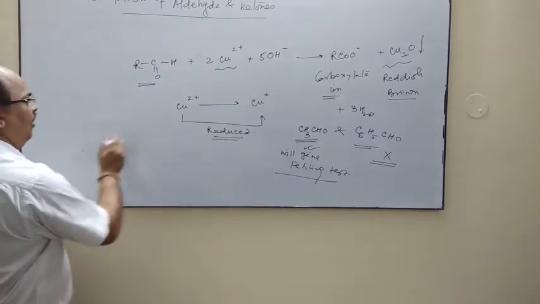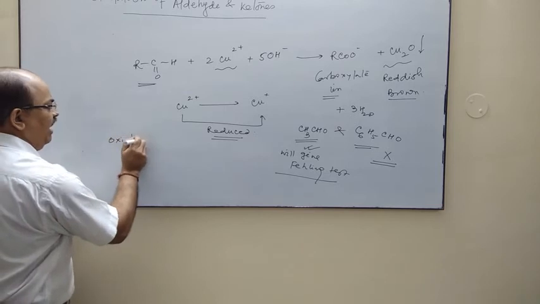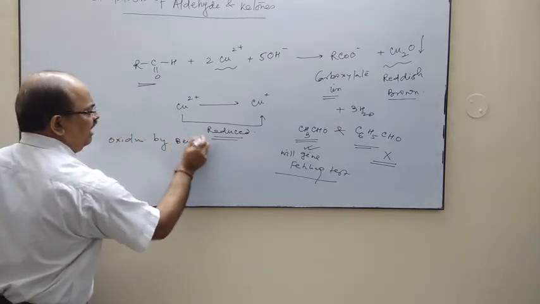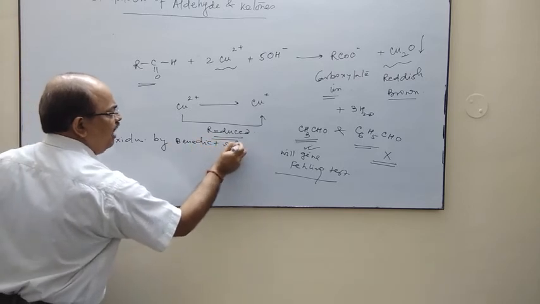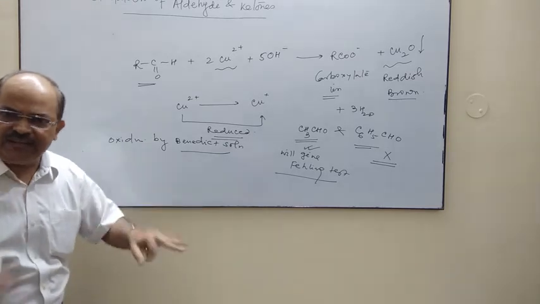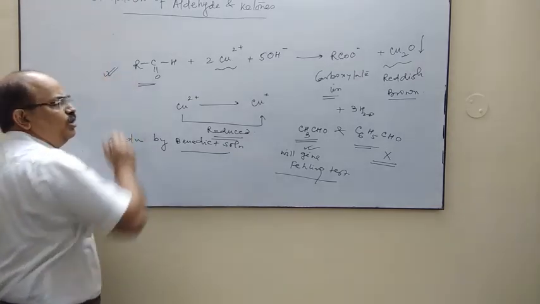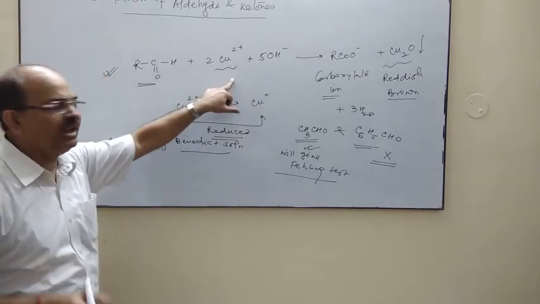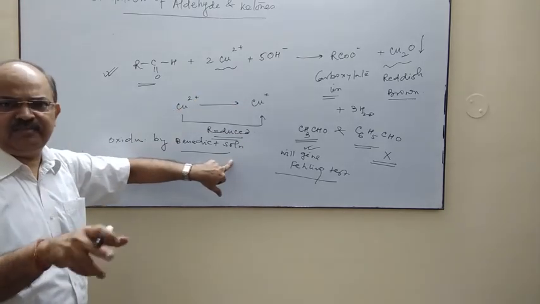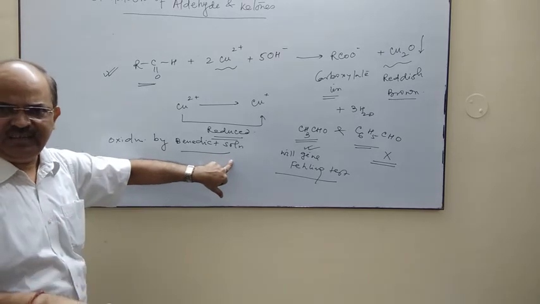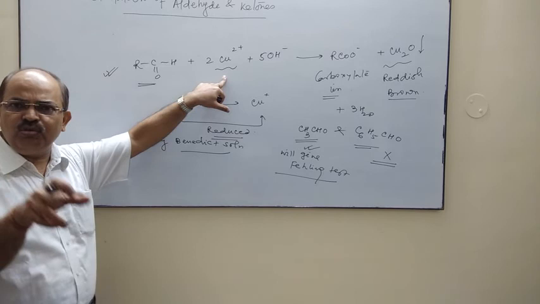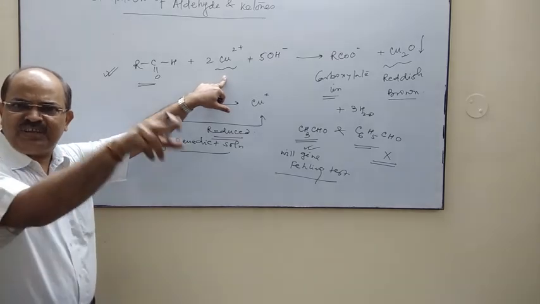Another is oxidation by Benedict solution. The reaction is the same. In Benedict's test also, the same reaction will occur as the one you wrote for Fehling, because Benedict solution again is a mixture of Benedict A and Benedict B. In the case of Fehling solution, we use sodium potassium tartrate.